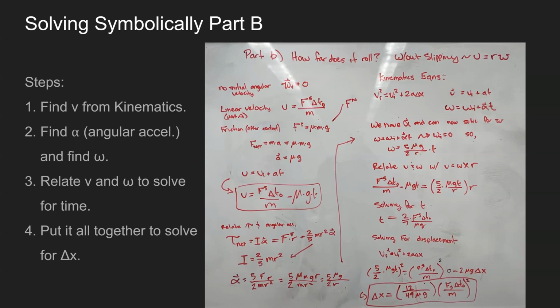Again, we're solving for delta x here, so through some more algebra, we can arrive at an equation: delta x equals 12 over 49 mu g times the force of the strike times the change in time over m, squared. This is, of course, the distance that the ball will travel before rolling without slipping if struck dead center by the cue.